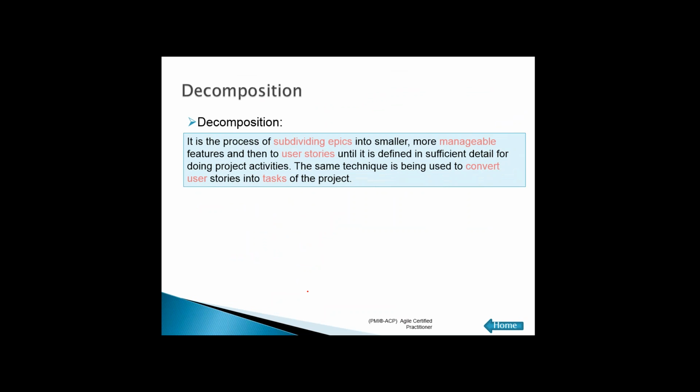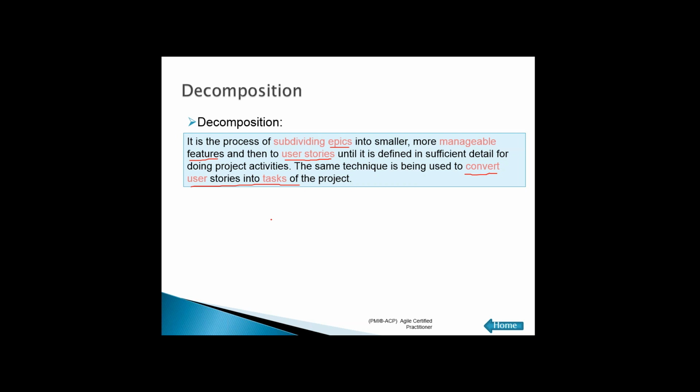What is decomposition? Breaking down your epics into smaller, more manageable features, and then to user stories until it is defined in sufficient detail. The same technique is being used to convert the user stories into tasks.